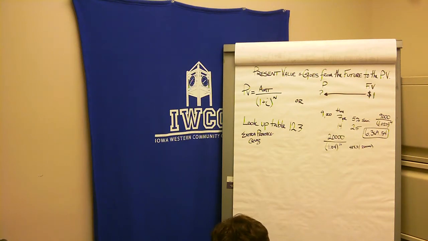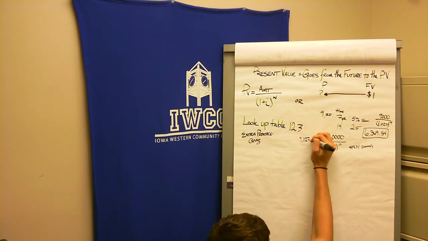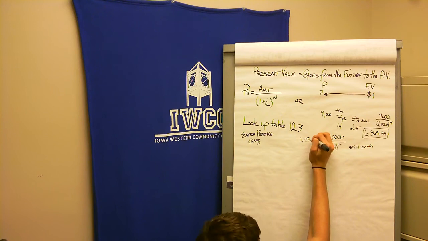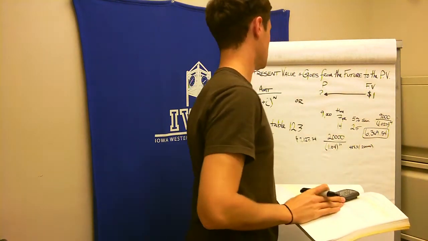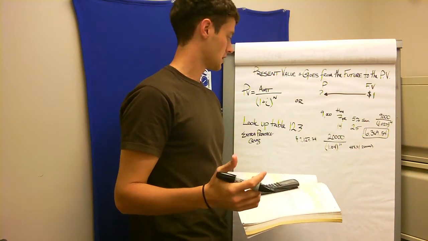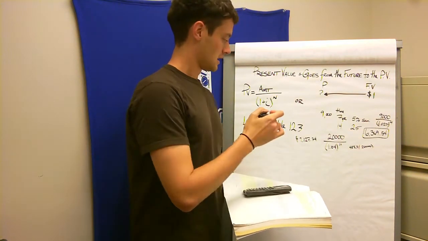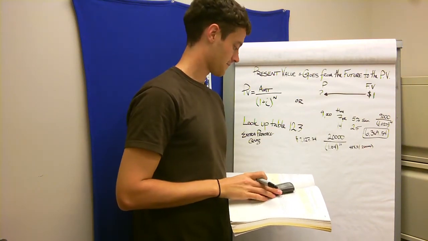So I get, let me see, $9,127.74. So if I want $20,000 in 20 years, maybe for college, for the kids, even though I don't have kids, I'd need to invest about $9,000 today.